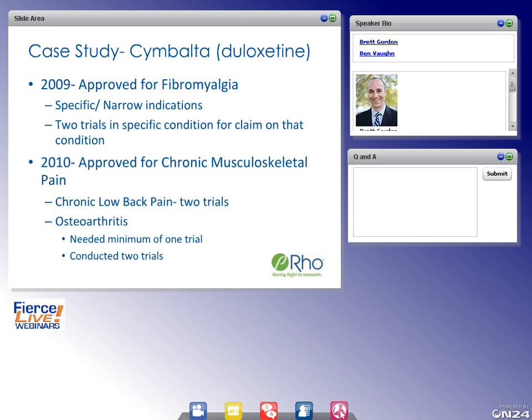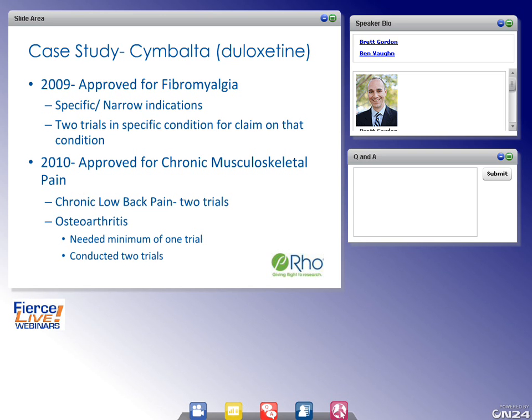In 2010, it got a little bit more interesting because that's now where we see the first, I guess, more general or generalizable indication. So trials were done in both chronic low back pain and in osteoarthritis. But instead of getting 2 individual indications, one for chronic low back pain and one for osteoarthritis, this actually met the criteria for a more general label of overall chronic musculoskeletal pain.